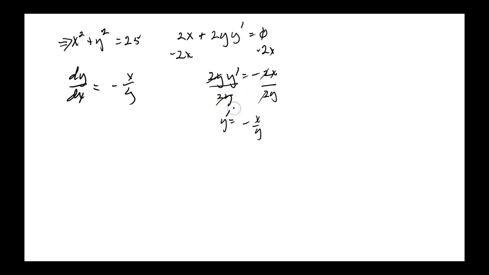And y prime is your dy/dx. So we've shown that that relation certainly satisfies itself and it satisfies the differential equation. So that's an implicit solution. Now, the other way of telling that is that the derivative, for instance, cannot be written just as a function of x alone. You've got the y's in there as well.